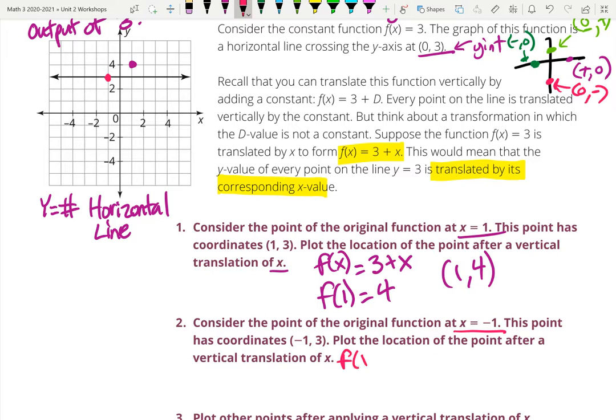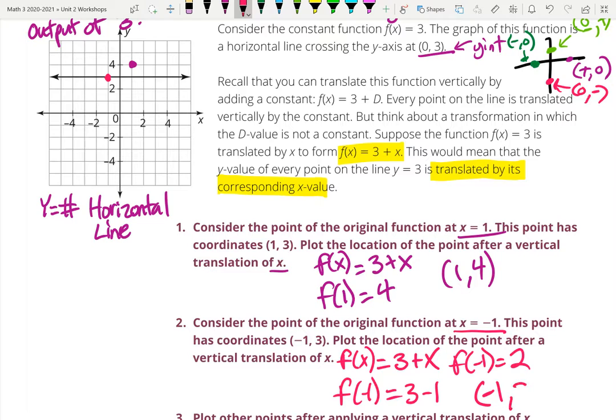So our original point, we translate by x units. In this case, I plug in and evaluate 3 minus 1. That's going to result in 2, meaning after this transformation, when x is negative 1, the y value will be 2.